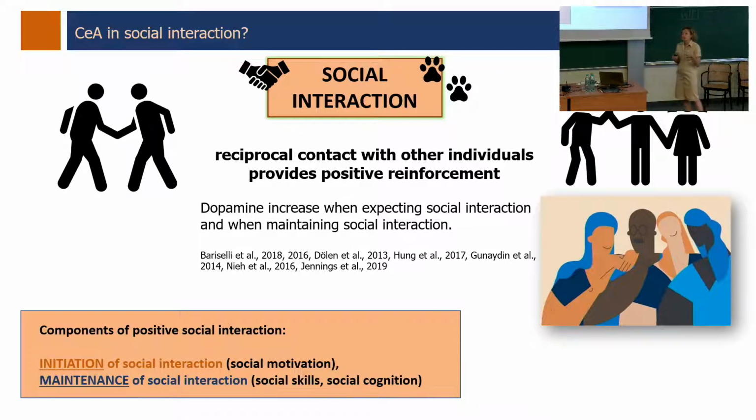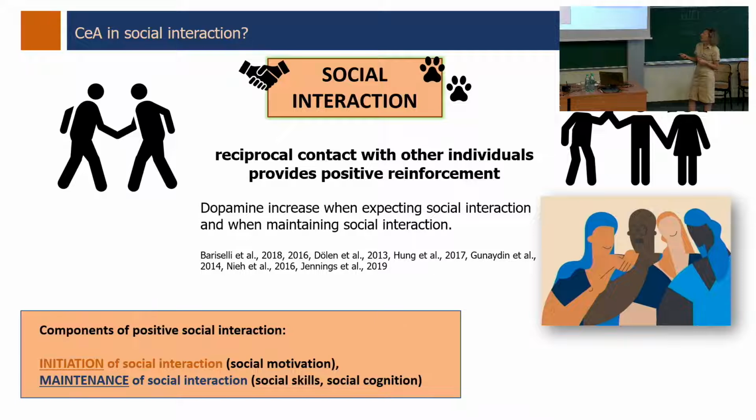In rodents, we observed that if the animals have an opportunity to interact with others in one of the places of the cage, they create place preference. So they like the places where they can interact with others, and this is one of the proofs that social interactions are rewarding for them. They are interested in approaching other individuals and initiating and maintaining social interactions.